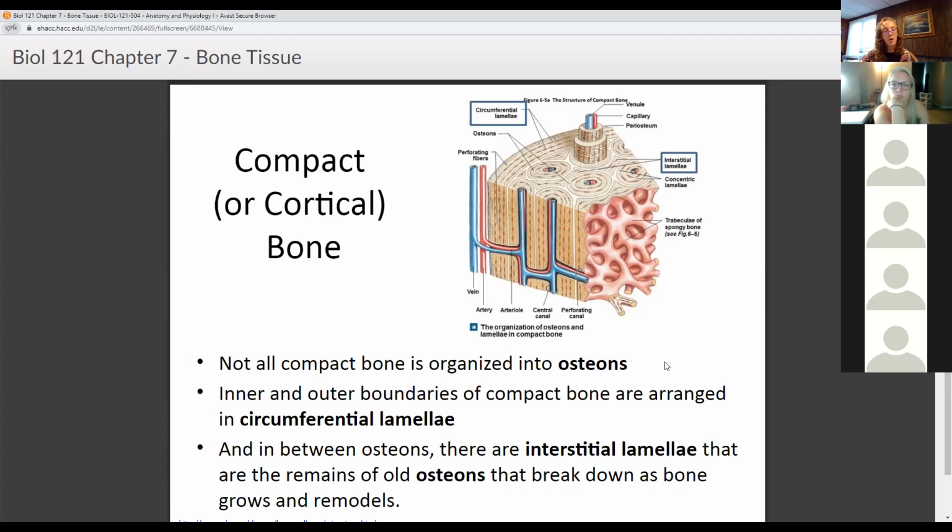When it's built up, we form new osteons. And then we start breaking down some of the osteons, or we partially break them down to form new osteons. The partial remains of the old osteons that have been broken down are the interstitial lamellae.